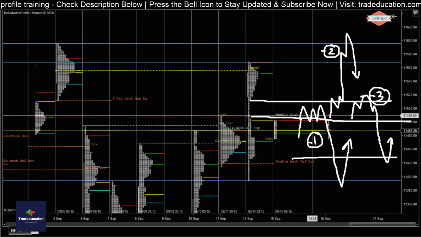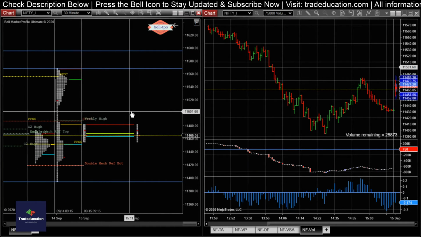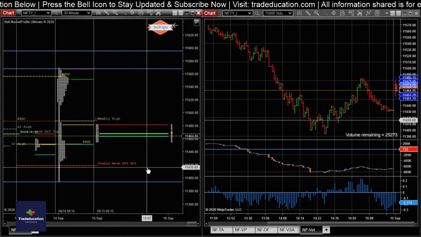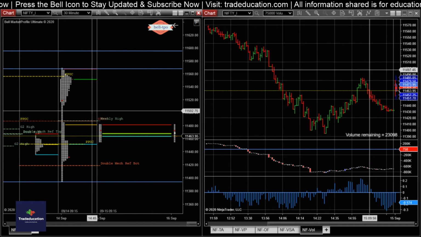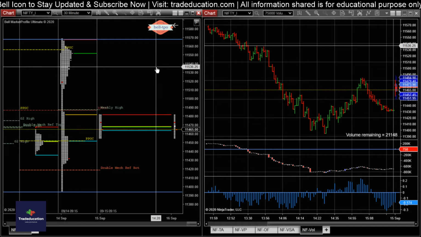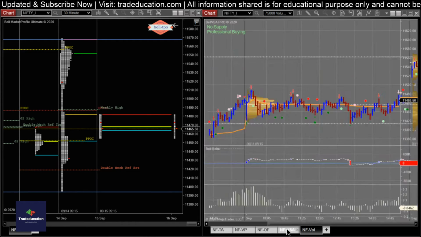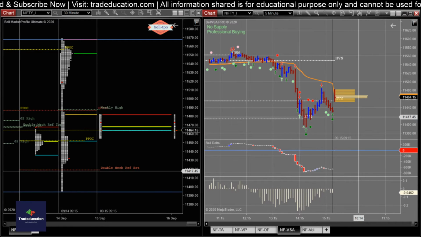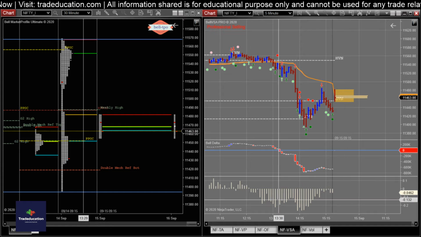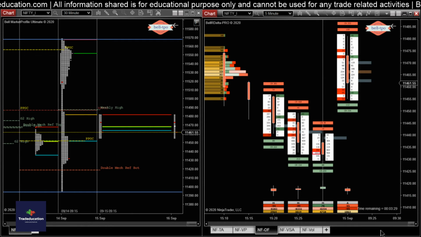Let me now delete all this and minimize this. So yesterday's auction is my reference. Delta is flat. The auction has opened around the HVN. Let me look at the order flow numbers.